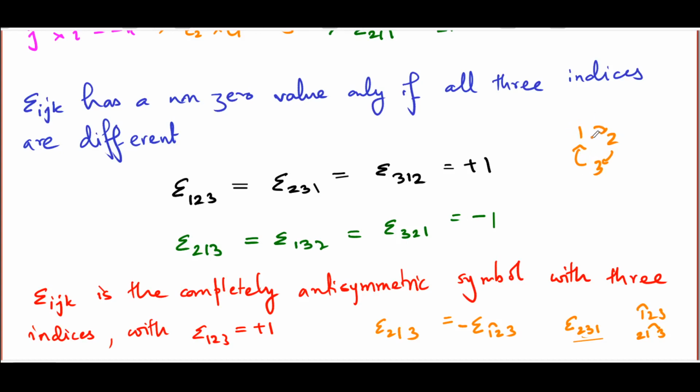Cyclically permuting 1 2 3 gives rise to all 3 of these, and they all give a plus 1. To get to 2 1 3, you have to permute these anti-cyclically, and that gives you minus 1. So another short way of saying this is epsilon ijk has to be all different. If the ijk's are a cyclic permutation of 1 2 3, you get plus 1. If it's an anti-cyclic permutation, you get a minus 1.